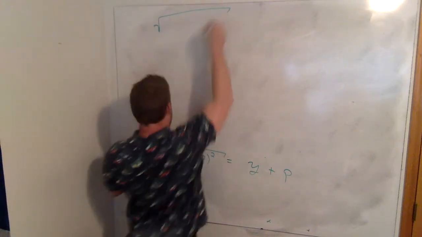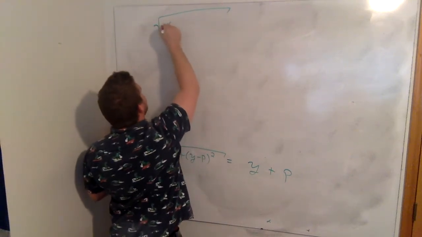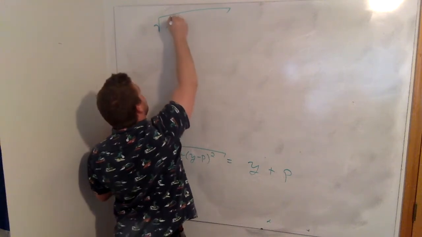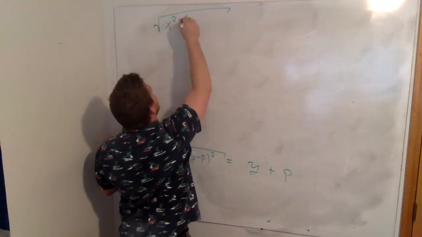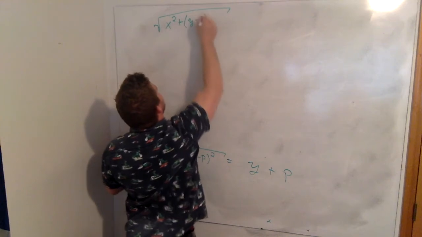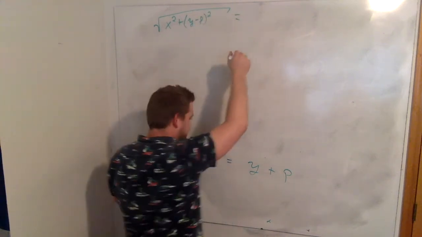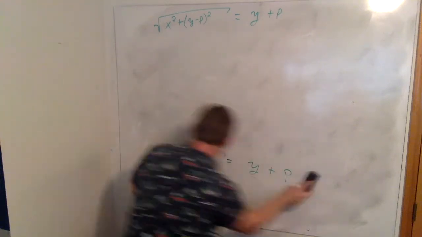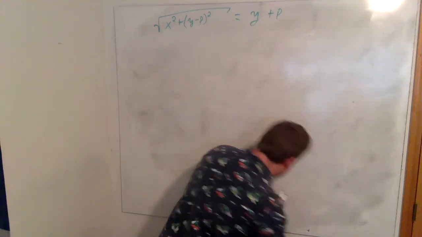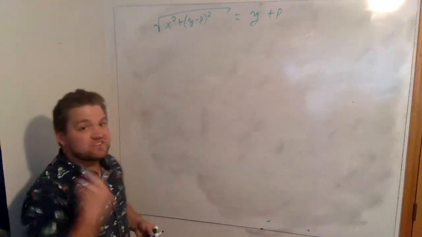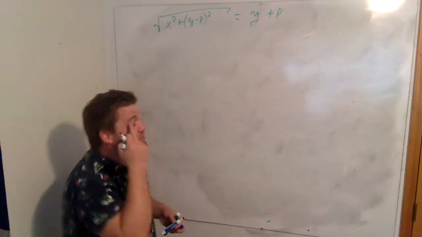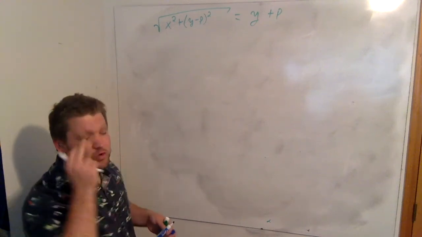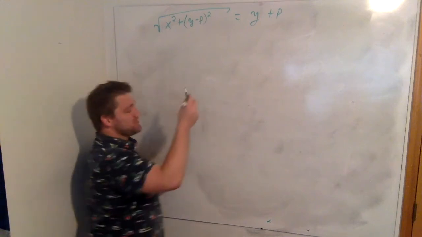So we discovered that in Mathish, the definition of a parabola is the square root of x squared plus y minus p squared is equal to y plus p. Okay, let's clean this up. Let's massage it. What's hurting my eyes when I look at this? Ow, that square root. Don't look straight at the square root.